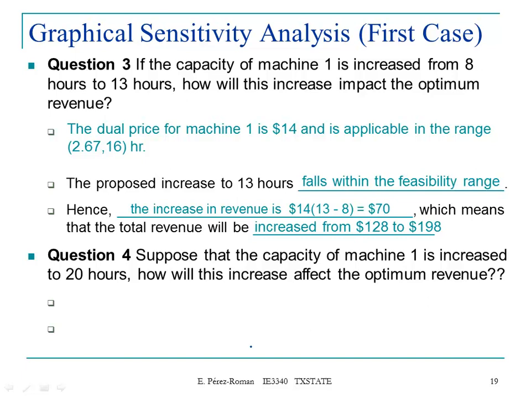And we're going to learn how to compute that in our next topic. But for now, find out if the range applies to that capacity. If that is true, then you can say, okay, it's within the capacity limits. So I know if I increase the unit of hours, I still have the same rate of change. So I can increase my profit. And that's what's going on here.